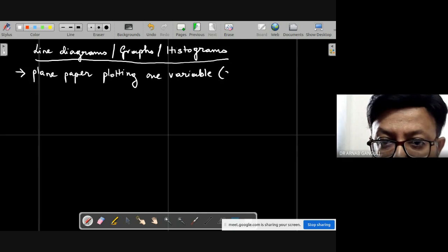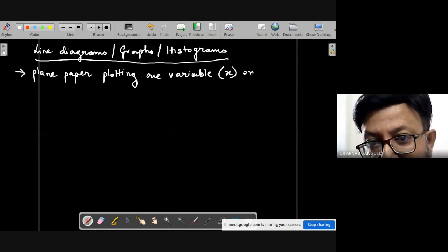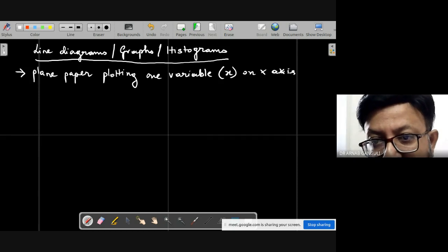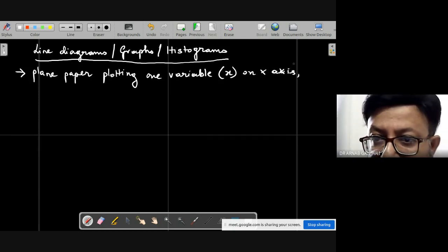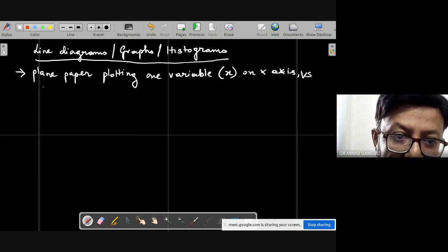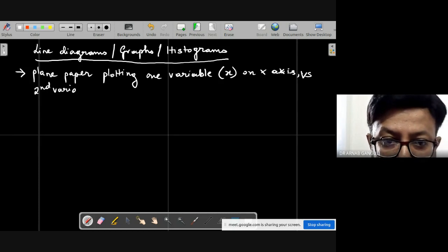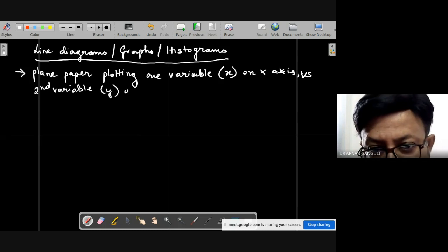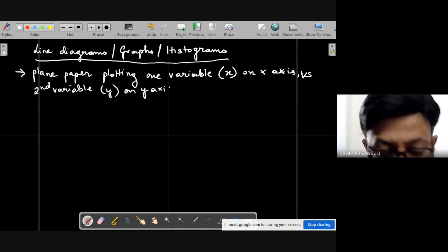say x, on the x-axis, versus a second variable, say y, on the y-axis.